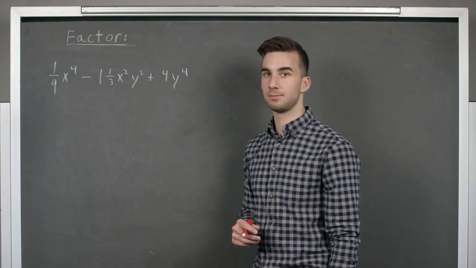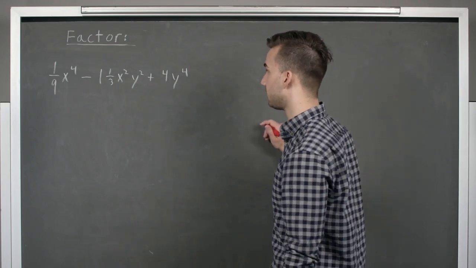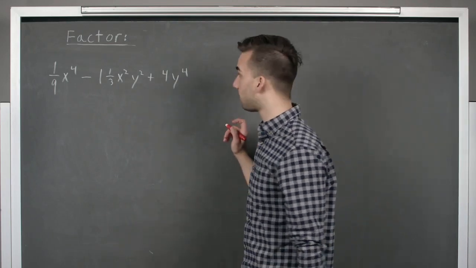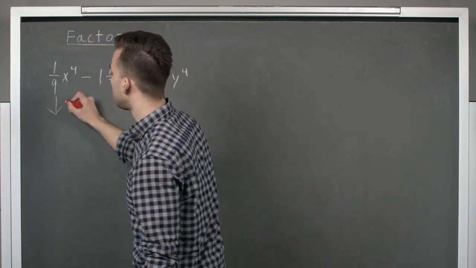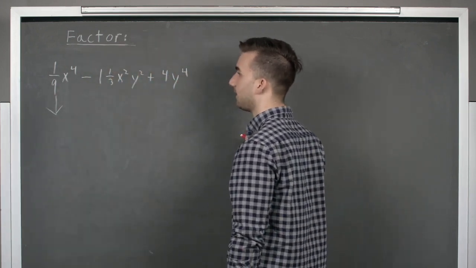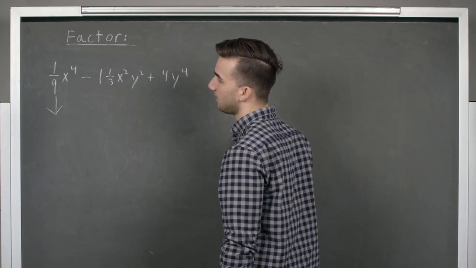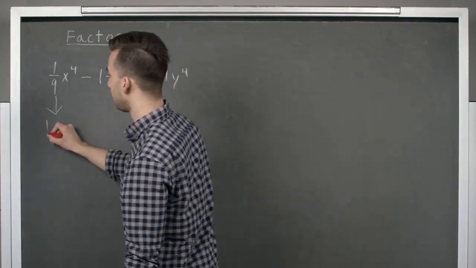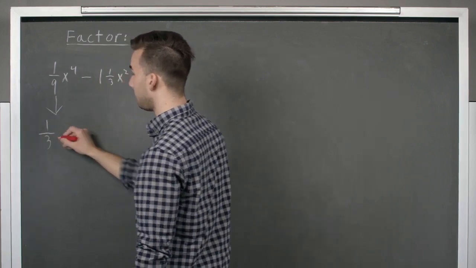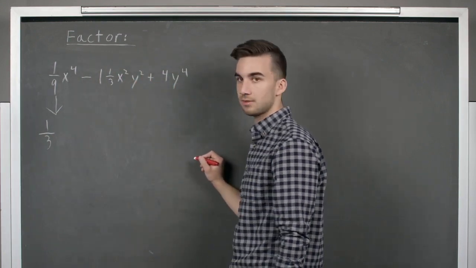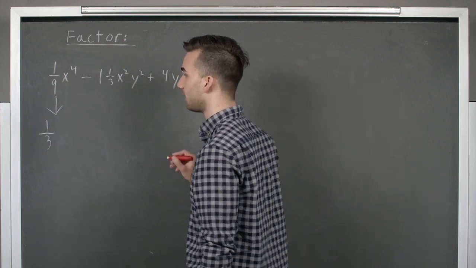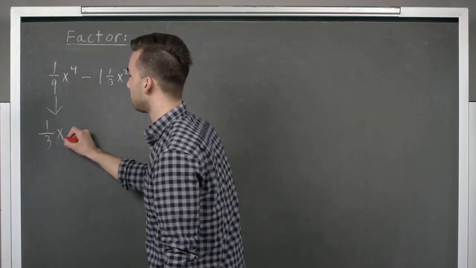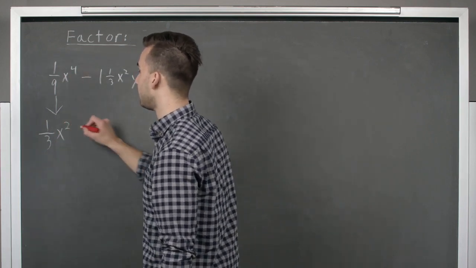Here's another example we can factor using perfect squares. Let's do step one and take the square root of the first and third term. What is the square root of 1 over 9? That is 1 over 3, because if we square 1 over 3, that gives us 1 over 3 times 3, which is 1 over 9. The square root of x to the power of 4 is x squared.